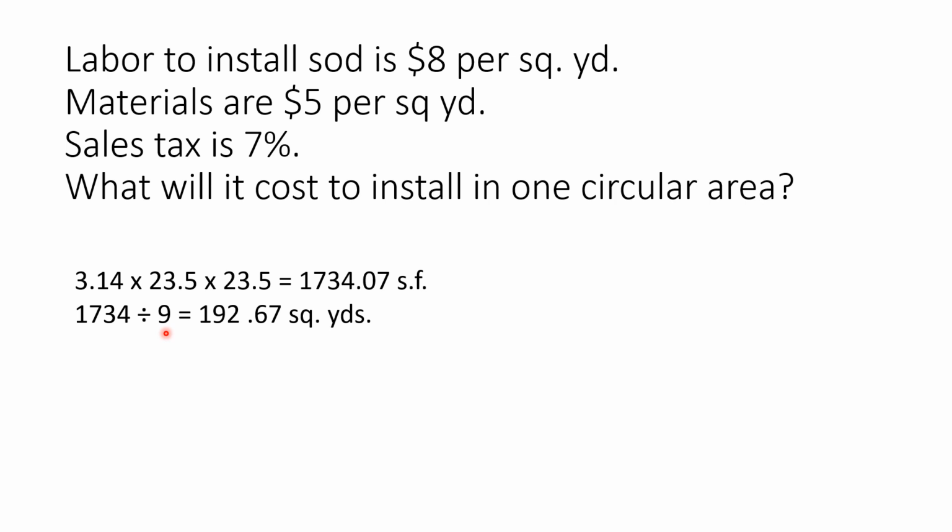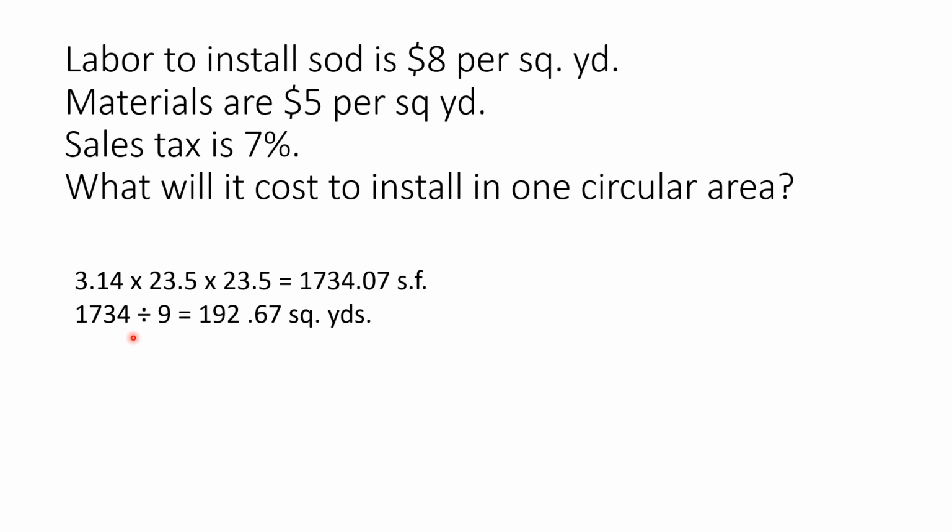There are 3 feet in a yard, and 3 times 3 is 9, so there are 9 square feet in a square yard. You also have to know 3 times 3 times 3, 27 cubic feet in a cubic yard. Those are three very, very important conversions that you need to know.